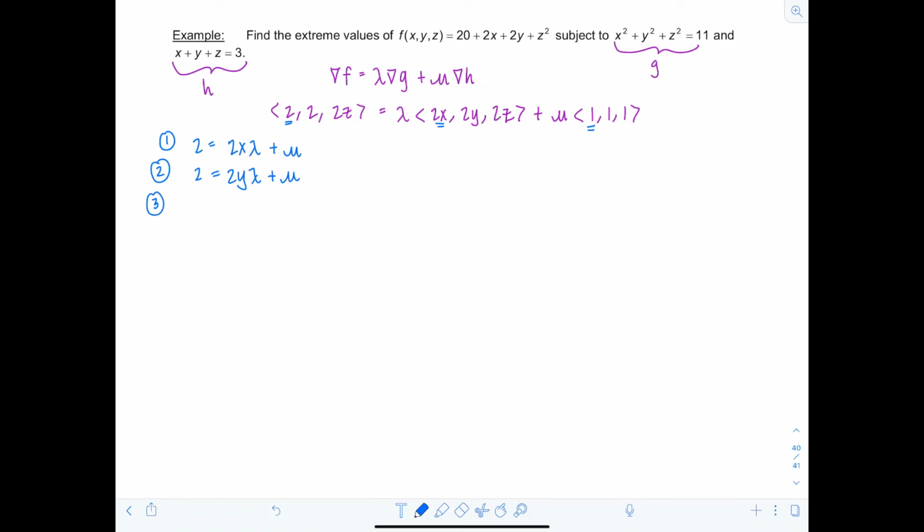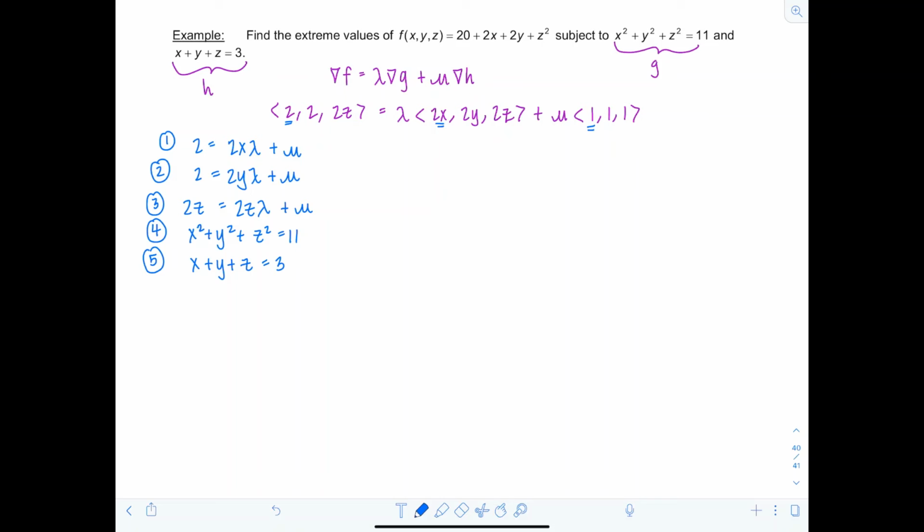Equation 3 is going to be 2z equals 2z lambda plus mu. Equation 4 is going to be constraint equation g. So x squared plus y squared plus z squared is 11. And then equation 5 is going to be x plus y plus z is 3.